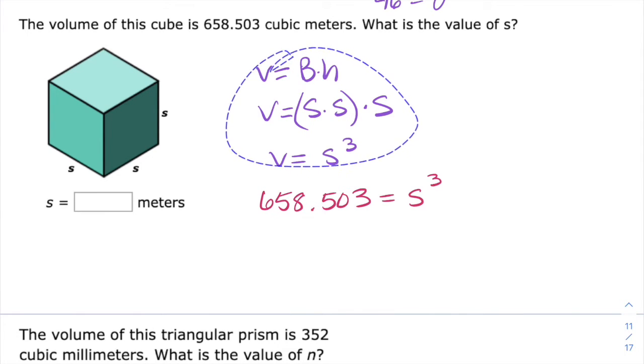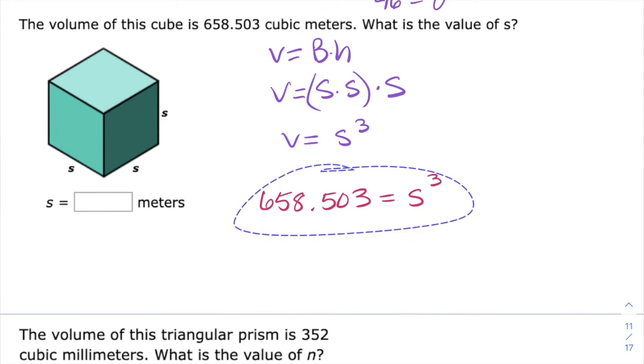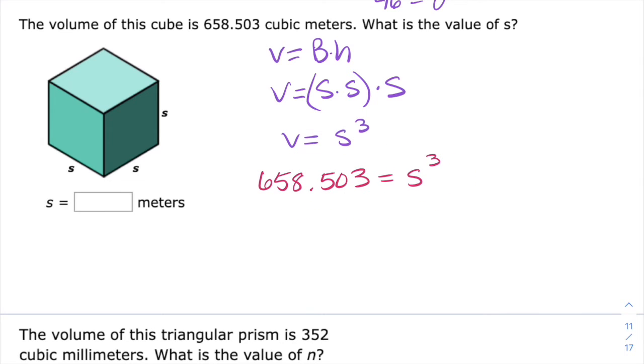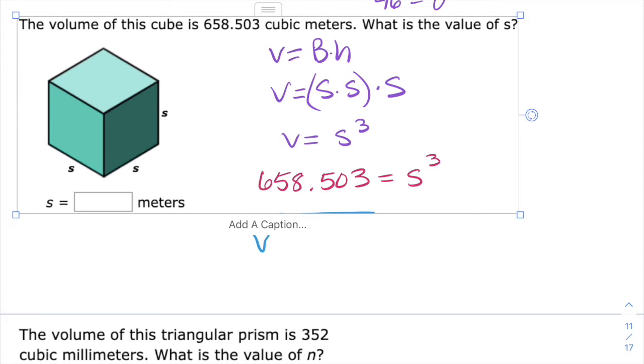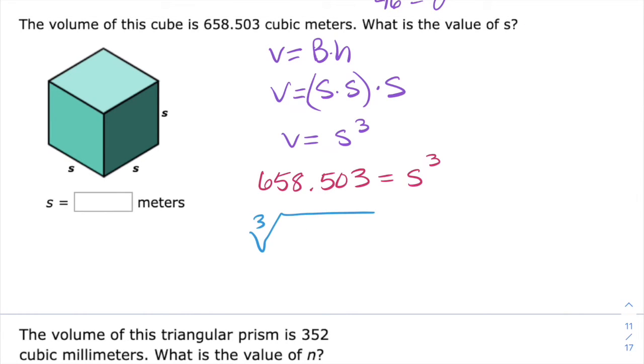All right. And so now what we have to do to both sides is what's called the cubic root. So I need to find the cubic root of, and it's kind of like the square root, but you're finding the third root of it.